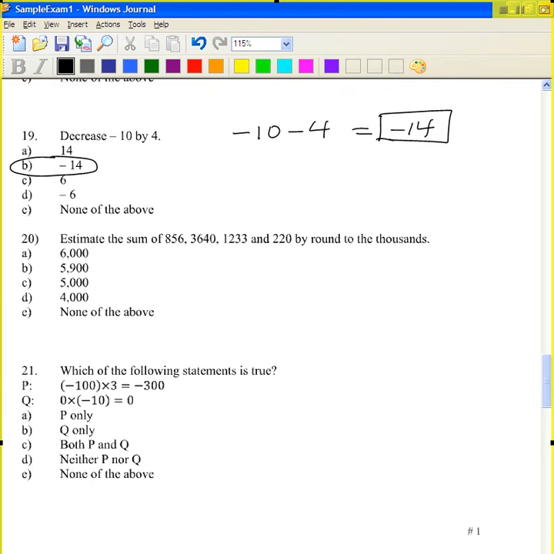Estimate 856, 3640, 1233, 220 by rounding to the nearest thousand. So 856 to the nearest thousand.